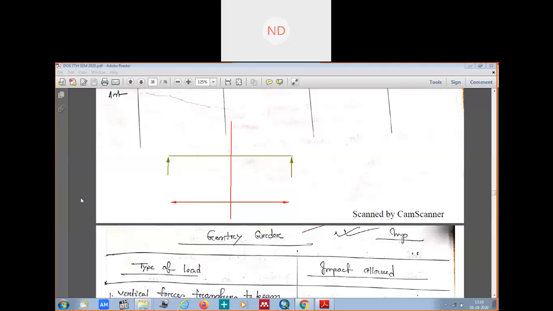Now if I take my pencil, UDL is here. This is the gantry girder, and this is your span of the gantry girder.